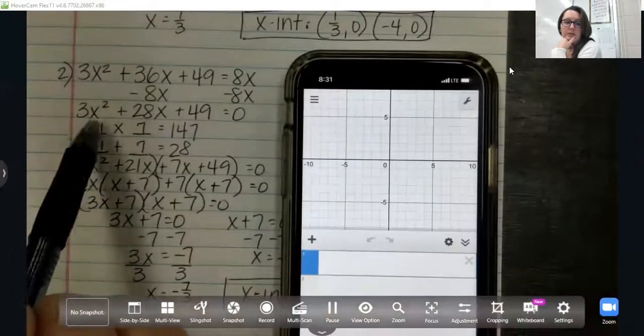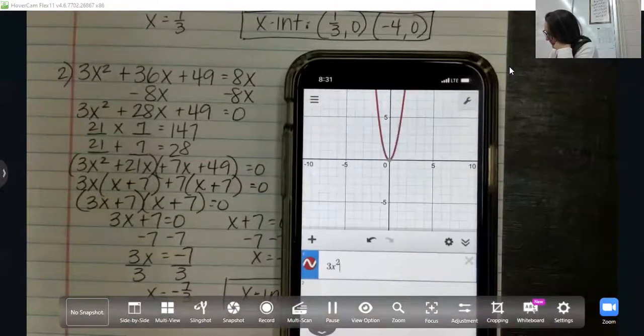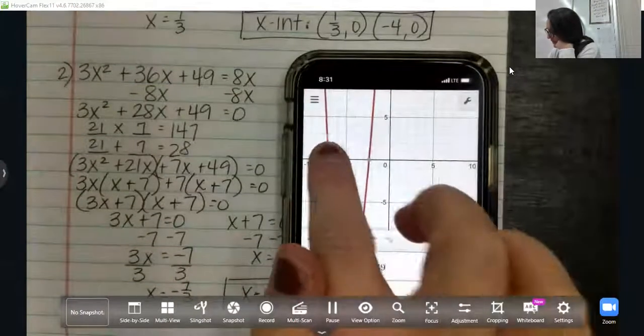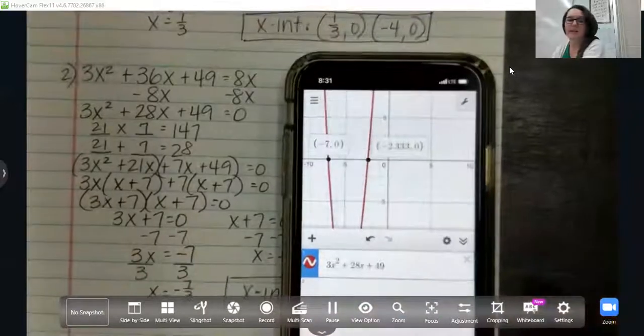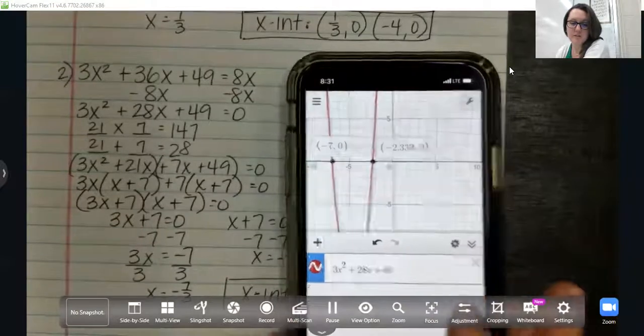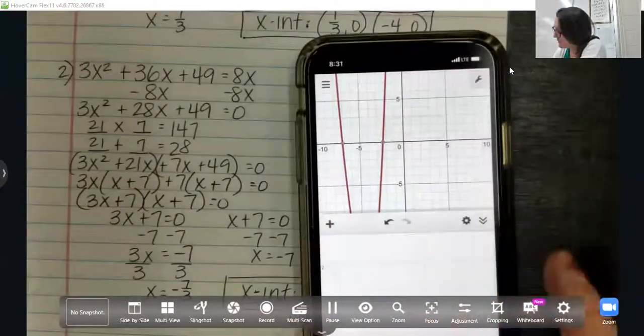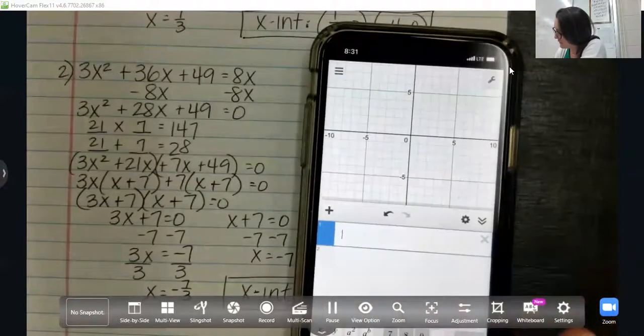Or I can put this in and see where the zeros are. I'm going to do it both ways. Let's do 3x squared plus 28x plus 49. All right, my zeros are at -7, 0 and -2.33, which is the same as -7/3. That's good.